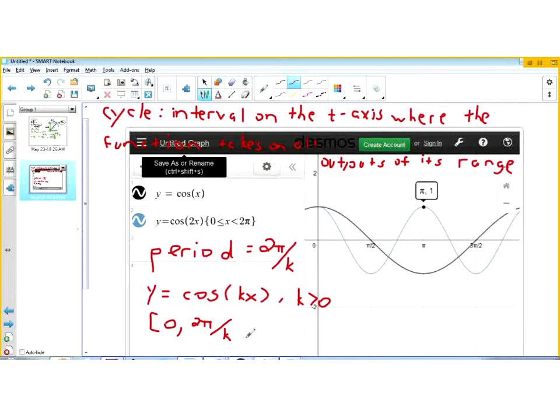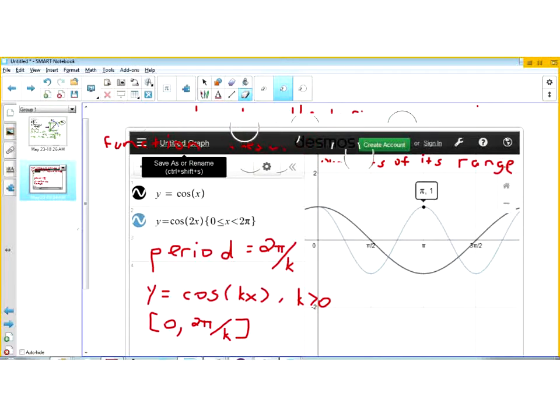All right, so that's the period. In the case of y equals cosine 2x, k is equal to 2, so 2 pi over 2 is pi. So that's a horizontal shrink of the cosine function. What if we say 1/2? That would obviously make it a horizontal stretch.